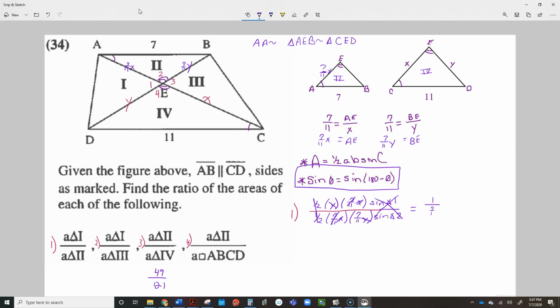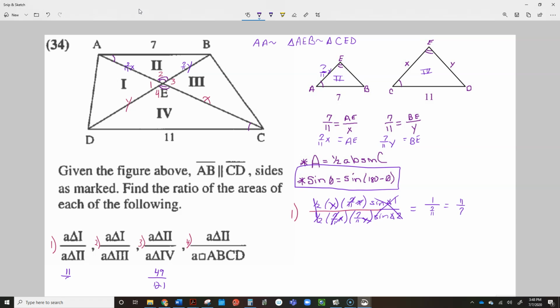And I end up with 7/11 on bottom. And so keep, change, flip, and that becomes 11/7. So when I compare the area of triangle 1 to triangle number 2, I get the scale ratio of 11/7.